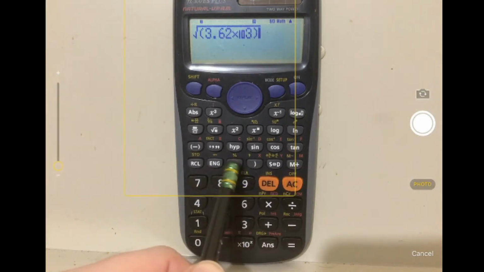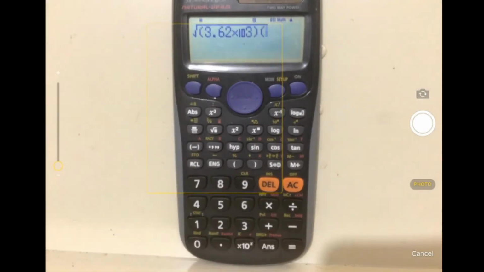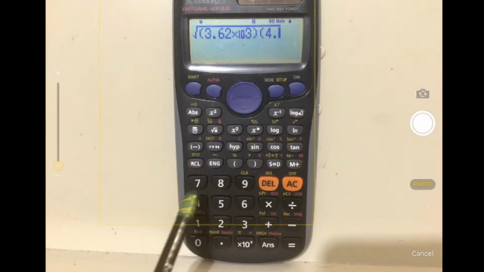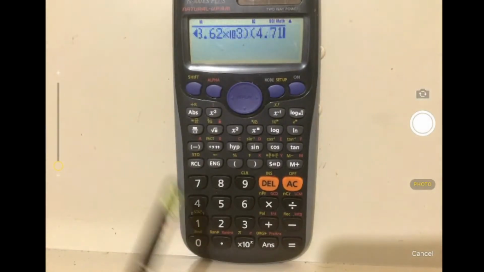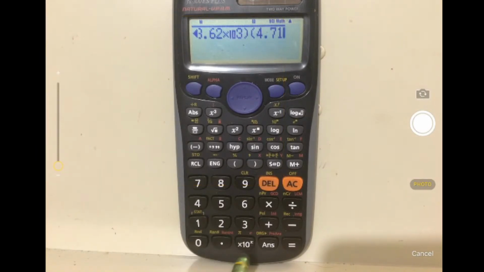Open a parentheses, and again, 2 parentheses against each other means it's going to multiply these things. And the next number was the resistance, R, which was 4.71. It's hard to do left-handed. 4.71, and it's times 10 to the 7th power. So again, here's your scientific notation button right there. Times 10 to the 7th.